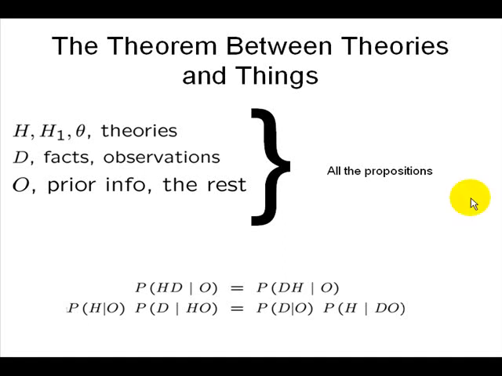Let's think about all the propositions, all the possible things that we can talk about or think. And let's divide them into 3 categories. Some of them we're going to call theories or hypotheses, and usually theories and hypotheses are denoted by H for hypothesis, or H sub 1, or sometimes we label things with parameters, so those are theories also.